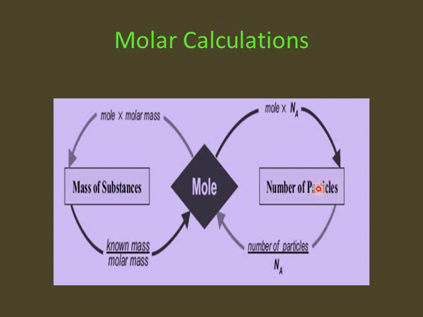How? Mole is equal to number of particles divided by Avogadro's number. And if the number of particles has to be found, then the division will change into multiplication. Mole will be multiplied with Avogadro's number.